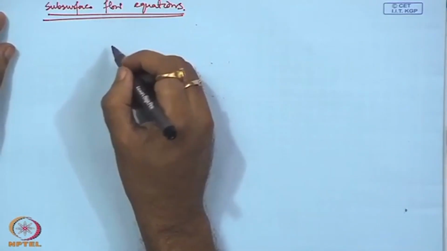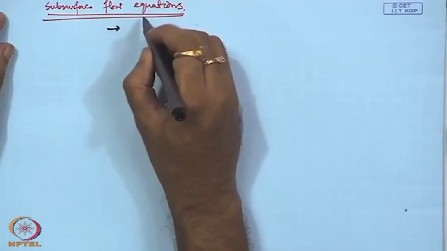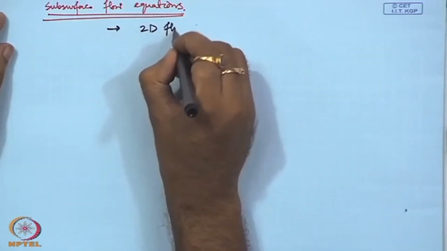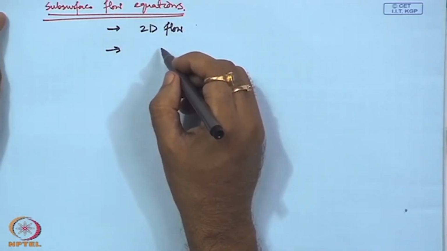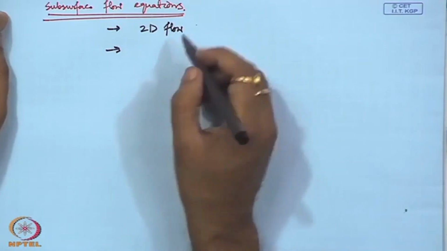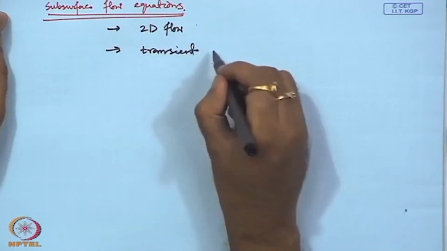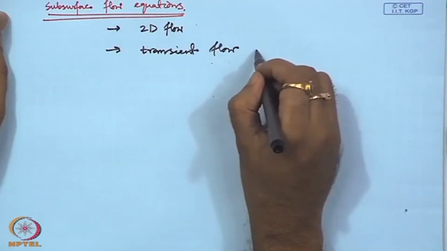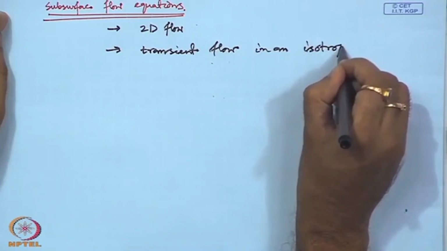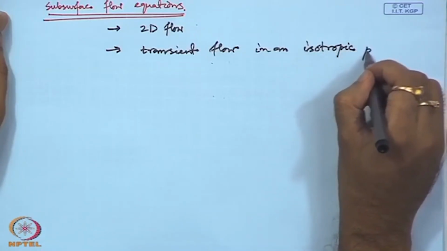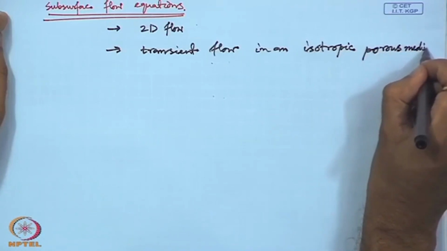The first assumption is 2D flow, the second assumption is transient flow in an isotropic porous medium.